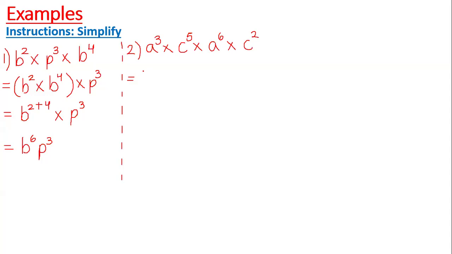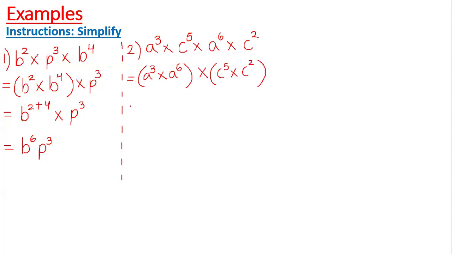Okay, so let's do it. What are we going to do? Group our A's. A to the power of 3 and A to the power of 6, multiplied by C to the power of 5 and C to the power of 2, C squared.